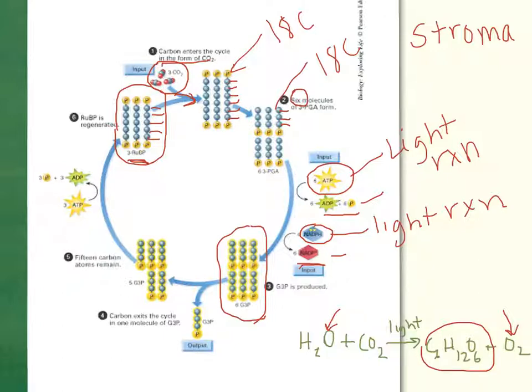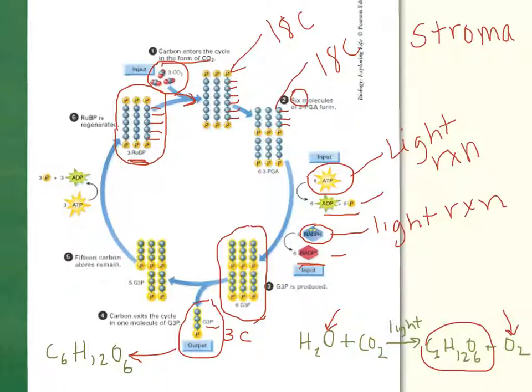Then what occurs is we take one of these glyceraldehyde 3-phosphates for each turn of the Calvin cycle. This is a 3-carbon molecule, so once we get 2 turns of the Calvin cycle, this is what's going to go on to make our product of C6H12O6.